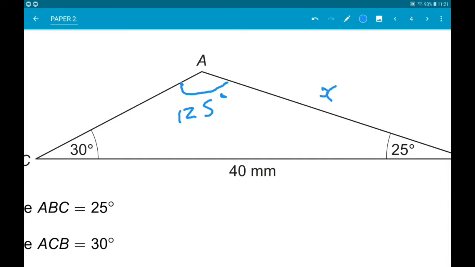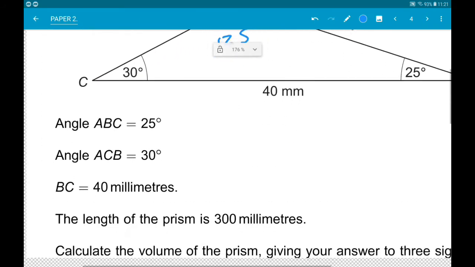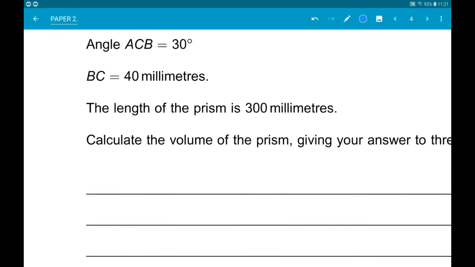Okay, now I'm going to find the top right side length. So I'm going to call it x. So I can use the sine rule. So I can say that x over sine 30 is 40 over sine 125.